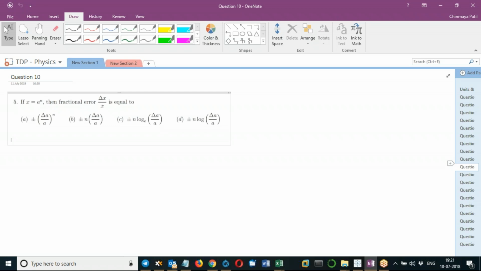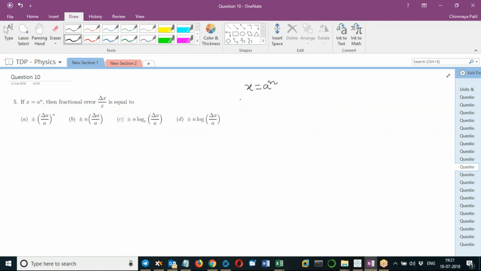So as background information, it is mentioned that x is equal to a power n. That means x is a function of a, because n is an integer. So x equal to a power n is a function of a.